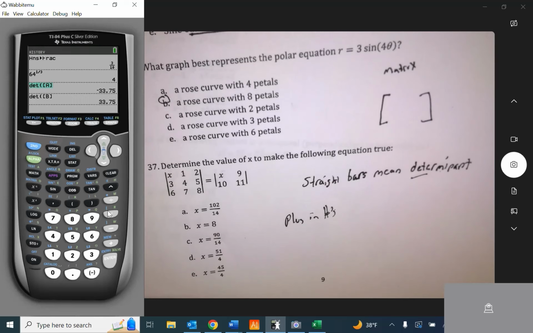I don't feel like retyping everything. Alright, there's the determinant of A. Not it. Bummer. So I'm basically down to choice C. Or A. I haven't done A yet. Probably should have started with A. Choice C is 90/14.